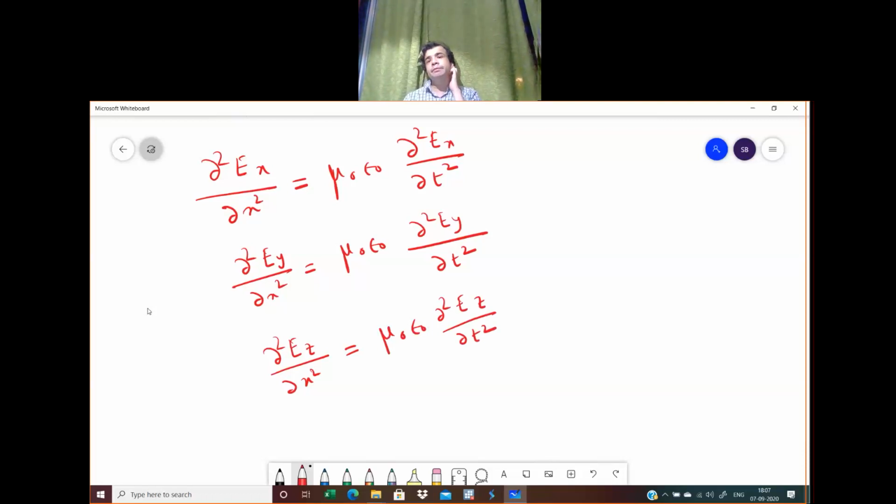Can we write this? So the equations can be reduced to this form. Is it okay?